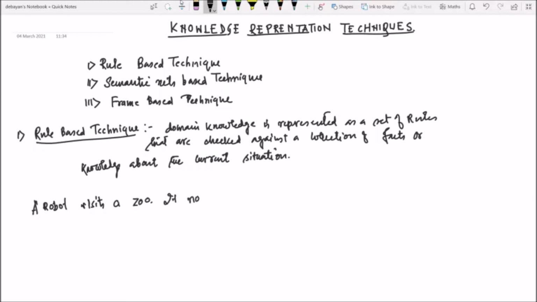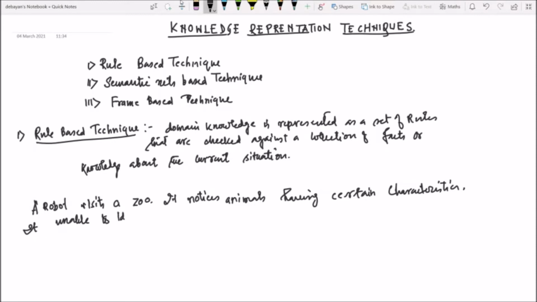It notices animals having certain characteristics, and it is unable to identify the animals.